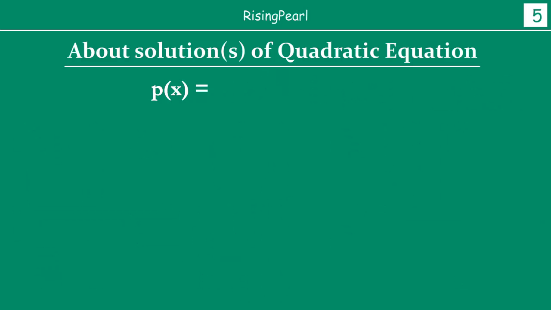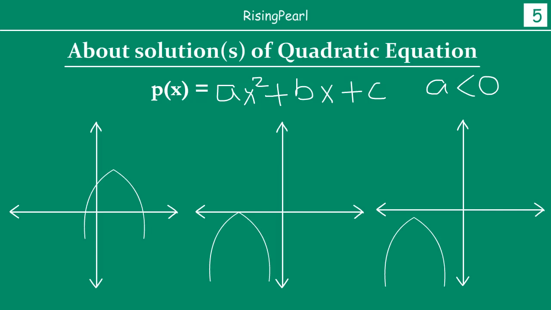And similarly, if we write the same quadratic polynomial, except this time the value of a is negative, right? In this case, again recall, we have seen this earlier from series 5, the graphs of the quadratic polynomials will all be looking downwards.